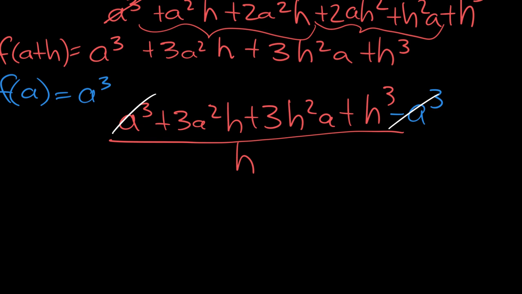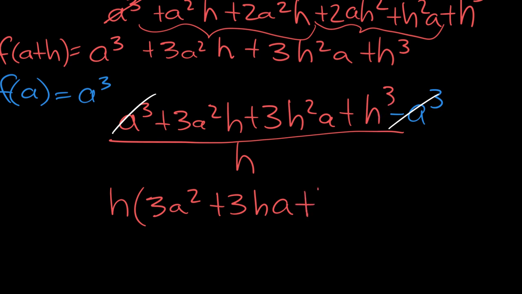So if I factor out an h, that means in the first I have h times 3a squared. I'm looking at this right here. So if I factor an h here, I have 3a squared here. If I factor out an h here, I have 3ha. So that's plus 3ha. And then factoring out an h here, that would be h squared.